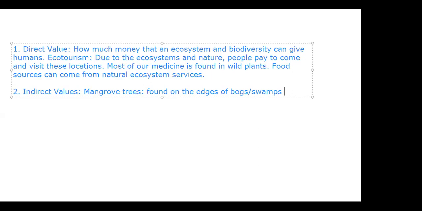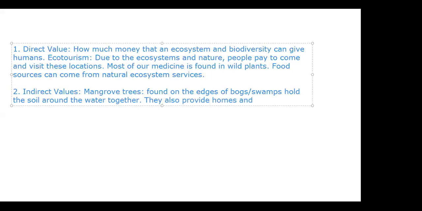And they essentially hold the soil around the water together, okay? They also provide homes and habitat for many species of aquatic animals, okay?